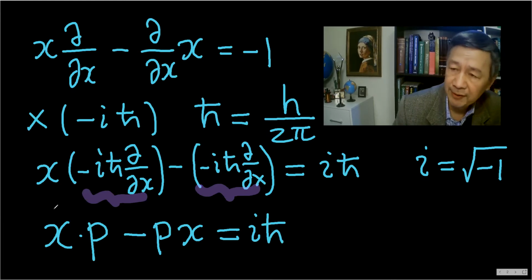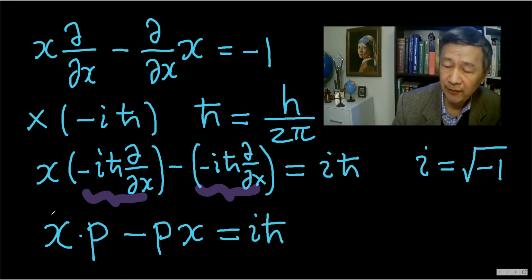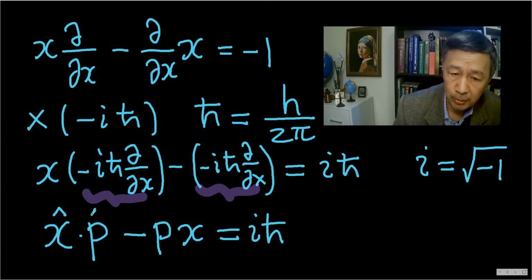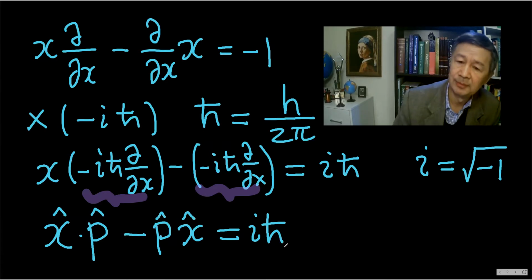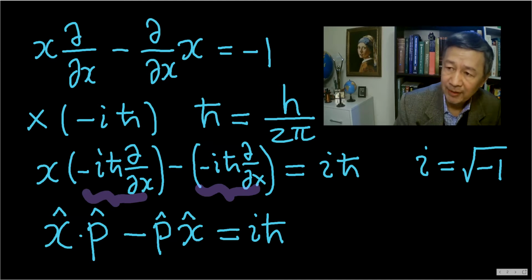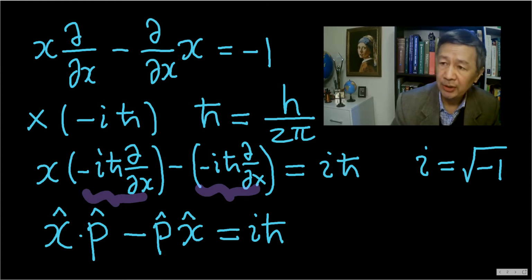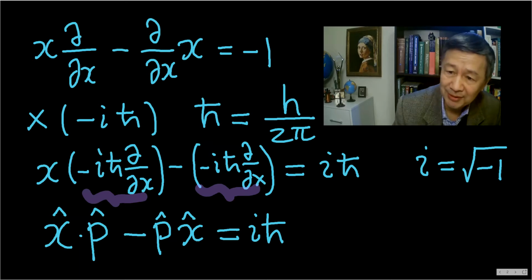Of course, to emphasize that these two variables are not just functions but operators, we put a hat on each of them. You can see that this is the key: that is literally how Planck's constant is introduced in this commutation relation.